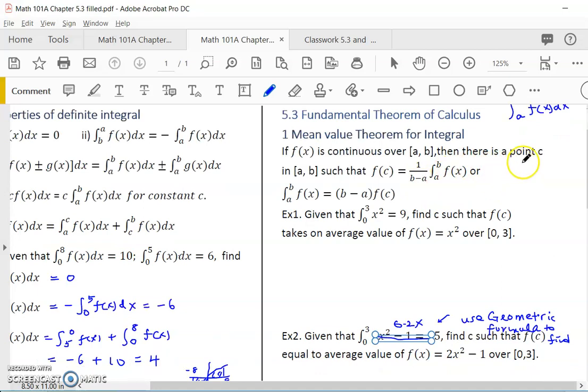If you're interested, you can look at how this is proved in the book. But let's just apply it and understand that it works.